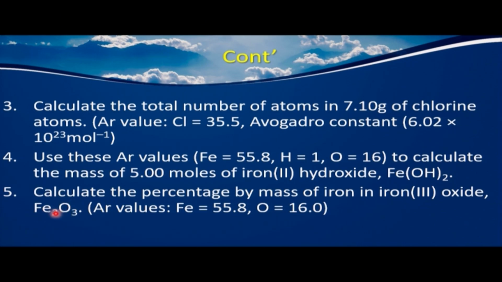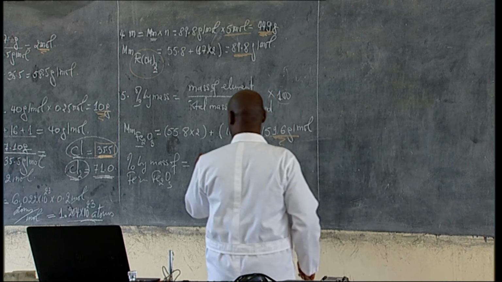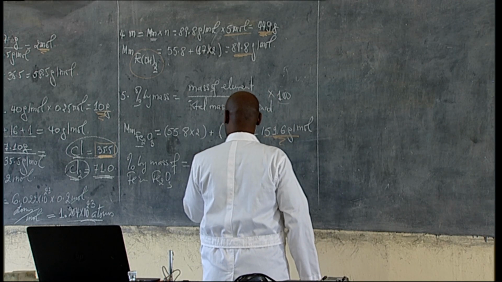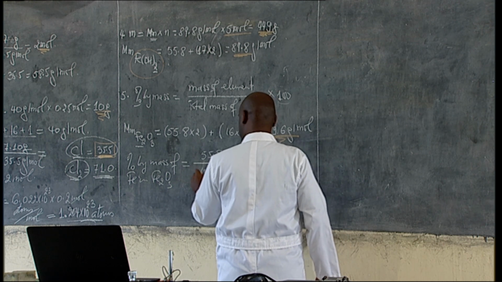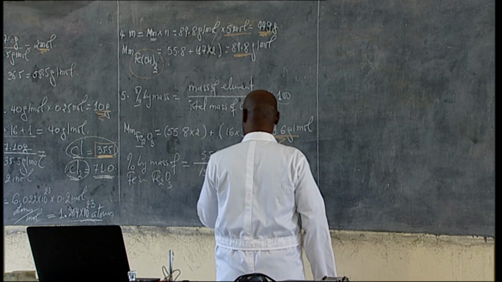We have 2 moles of iron in the compound. So the mass of the element should be multiplied by 2. The molar mass of iron, we multiply it by 2 because we have 2 atoms of iron in the compound. And then we have 55.8 times 2 over 159.6.